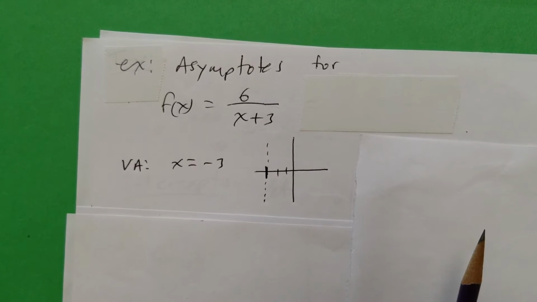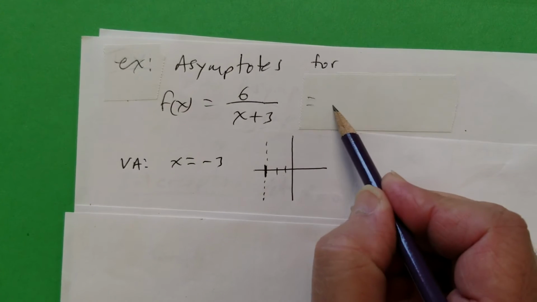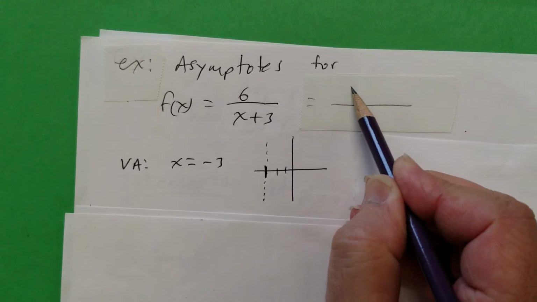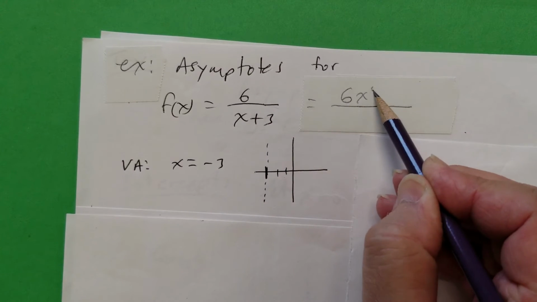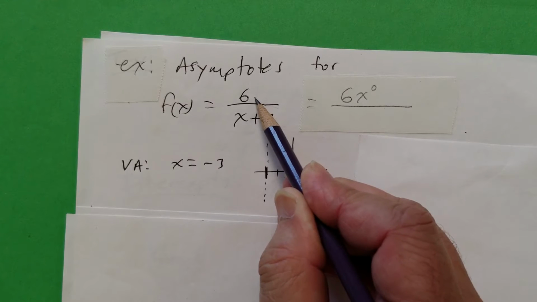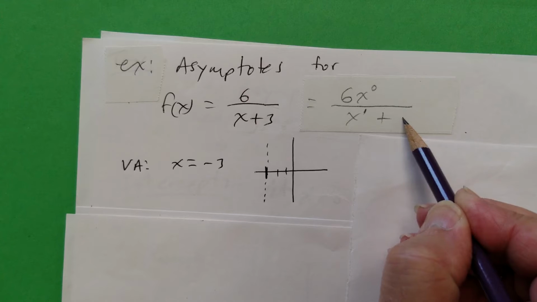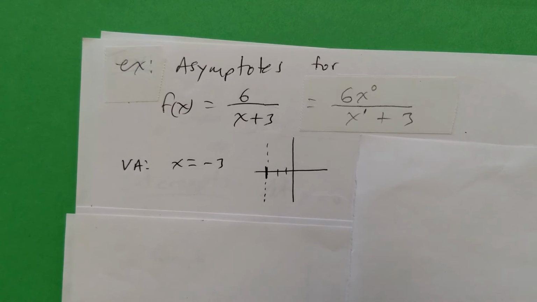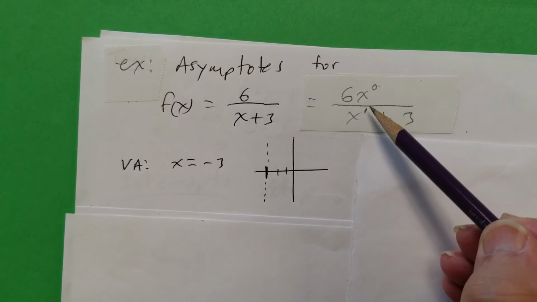Now, the horizontal asymptote. We have to look at the powers. If I was to rewrite this, what do I have in terms of powers of x? Here I have x to the power of 0, no x. Here I have x to the 1. So as you can see, the top power is smaller than the bottom.